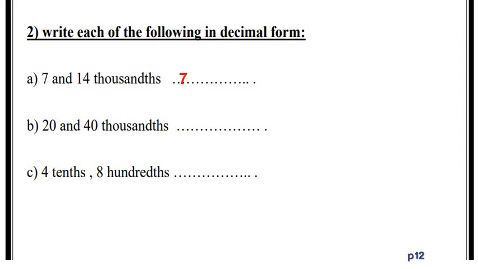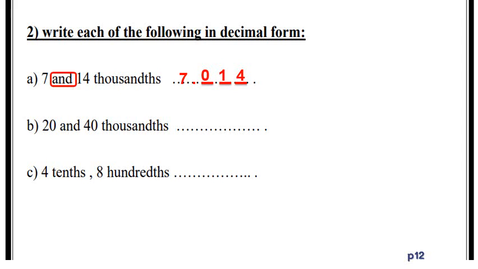So here I have 7 and, which means decimal point, as we said before. So here I will put the decimal point. 14 thousandths. Thousandths means we have 3 dashes. So let's put the 3 dashes. Let's fill 14 in the dashes. So start from the right. 4, 1, and the empty house, put 0 in the tenths place.